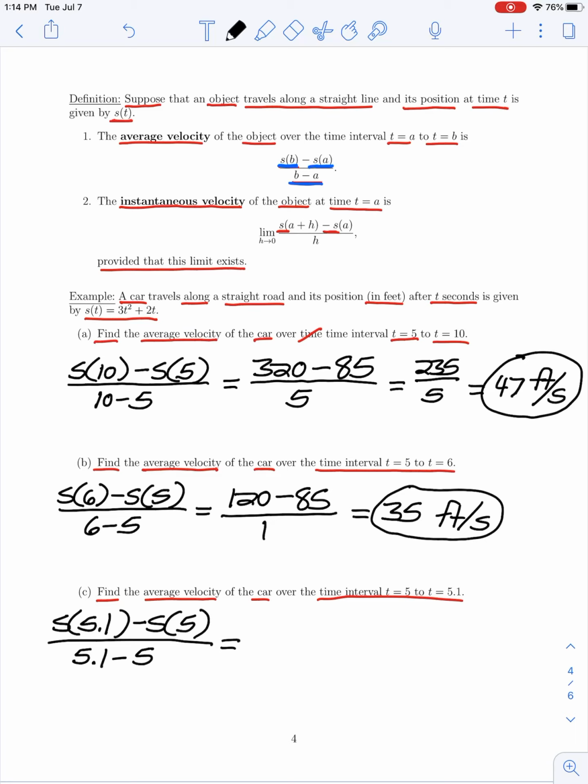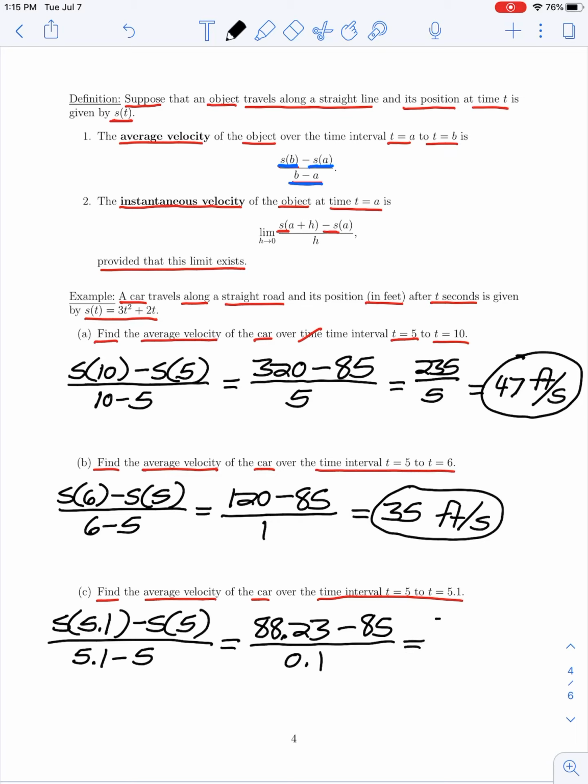So in our numerator, when we evaluate s at 5.1, we have 3 times 5.1 squared plus 2 times 5.1, which gives us 88.23. We can evaluate that using a calculator if we wish, minus the value s of 5, which we've already found to be 85 in parts A and B. And then we're dividing by 5.1 minus 5, which is 0.1.